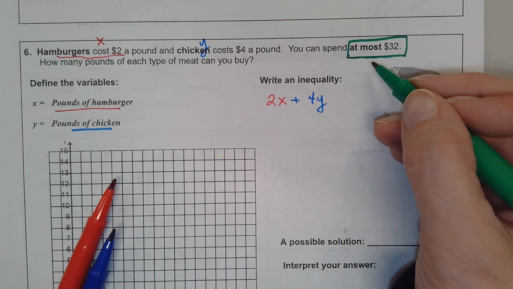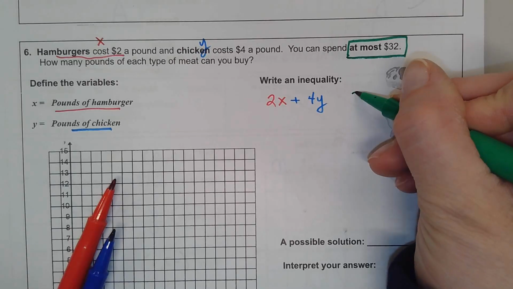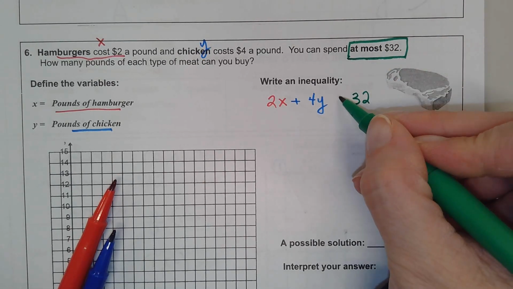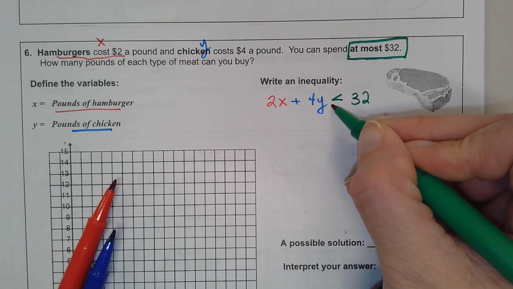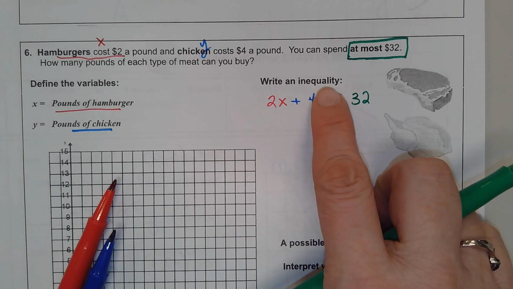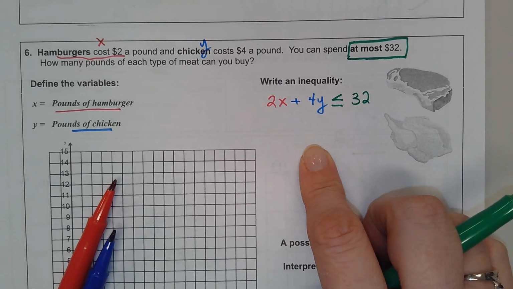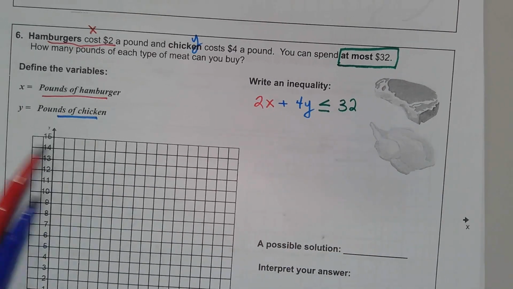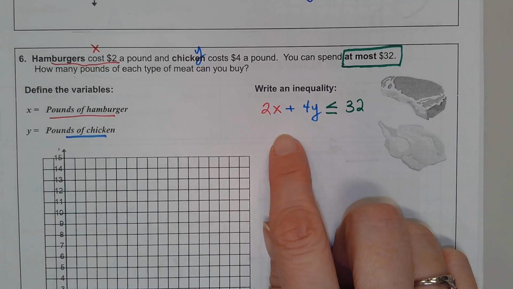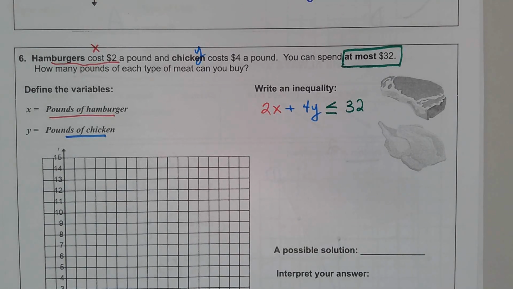What's the symbol for at most? You can't go more, so you could go less than or equal to. This is just one inequality, not a system. So I can start. When you are in standard form, what kind of key features do you find?